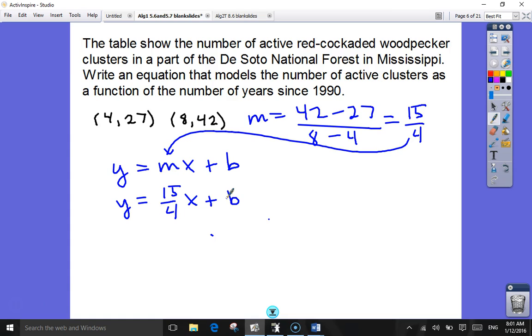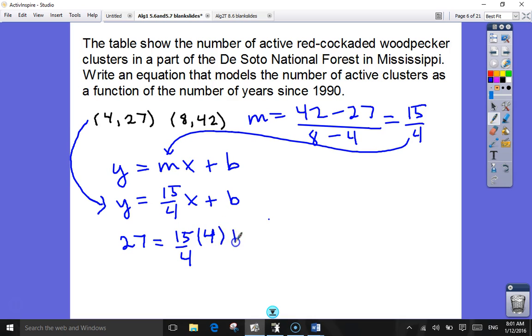So what will I do? Plug in a point. Does it matter which point we plug in? It doesn't. I'm going to use this one because the numbers are smaller. So this is 27 equals 15 divided by 4 times 4.